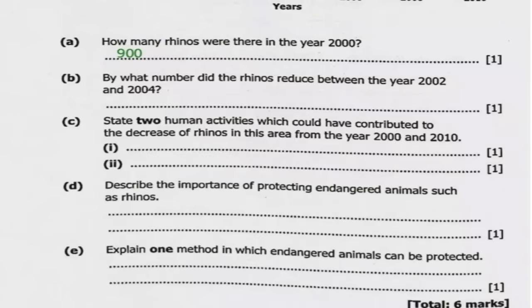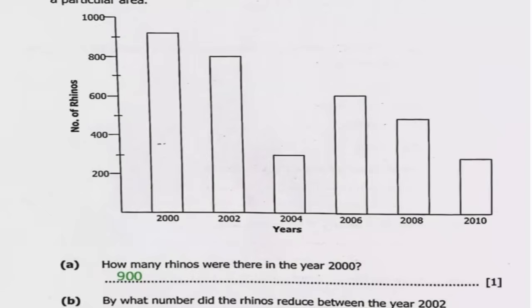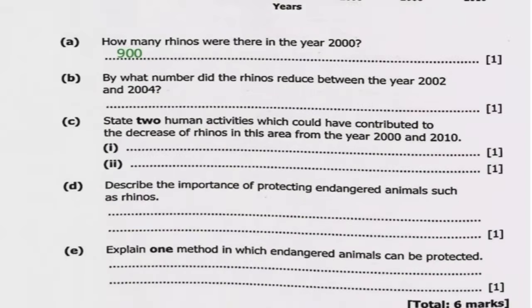We come to question 8b, which is: by what number did the rhinos reduce between the year 2002 and 2004? When we go to 2002, they were 800, so we write 800.